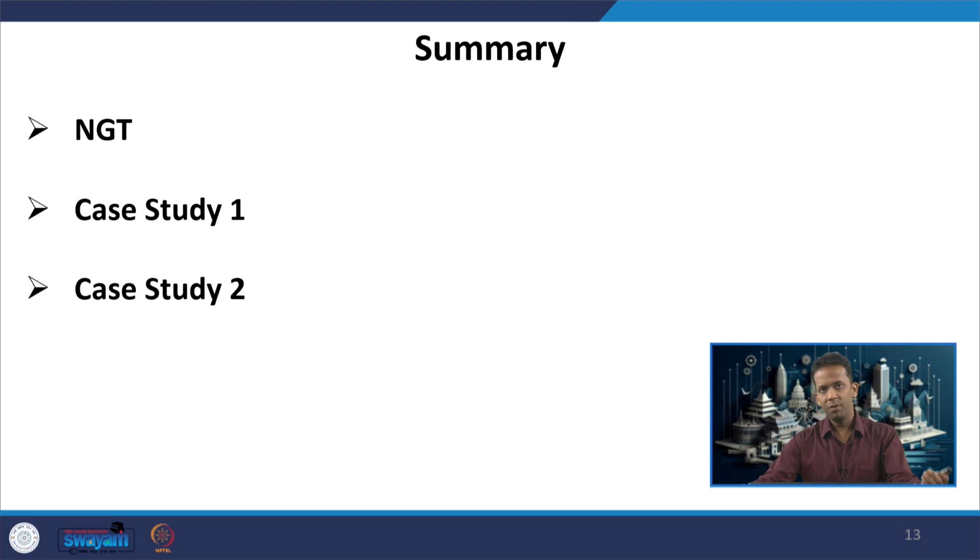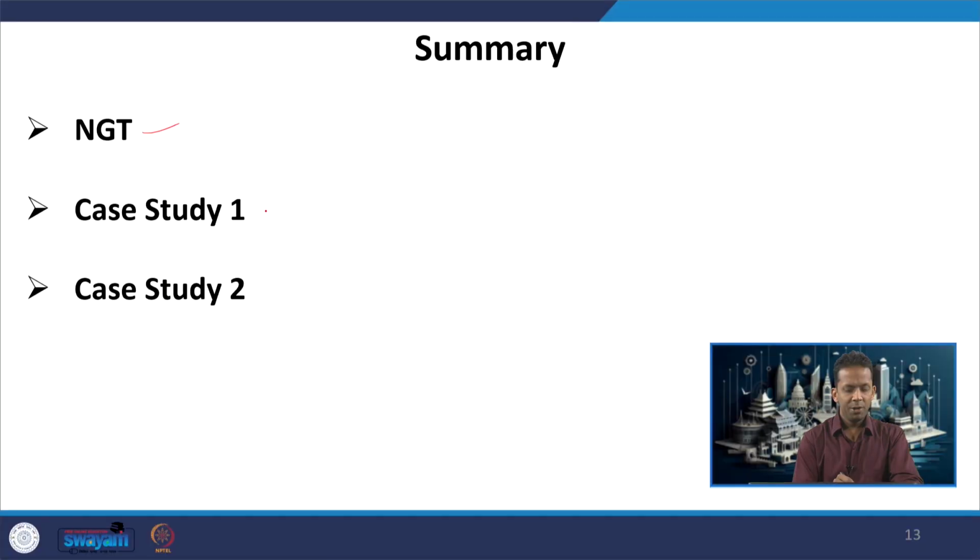To summarize, we started with the National Green Tribunal, its structure, its powers, jurisdictions, benches, its roles, and how it operates along with the Supreme Court and MoEFCC. Then we studied two case studies. The first one was on the diesel vehicle ban in the Delhi NCR region, and the second one was a hydropower project in Arunachal Pradesh.